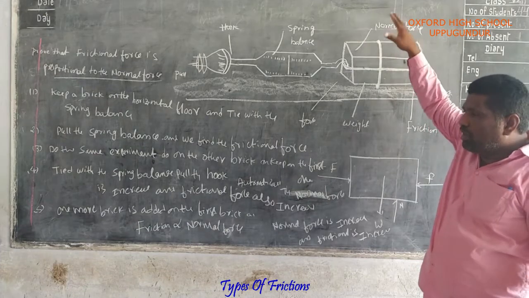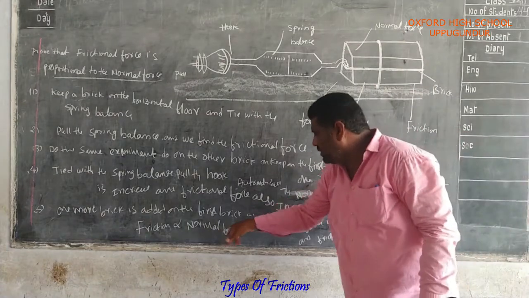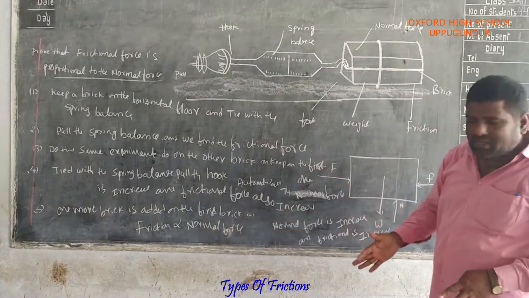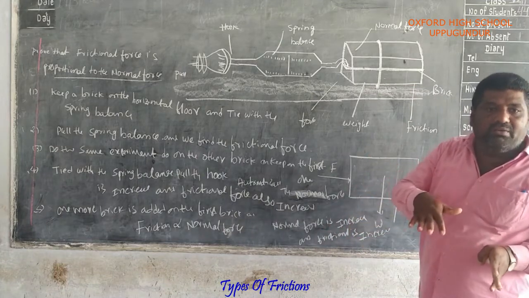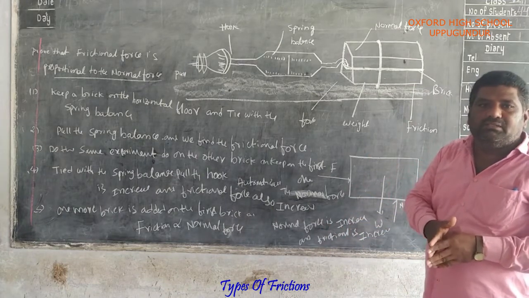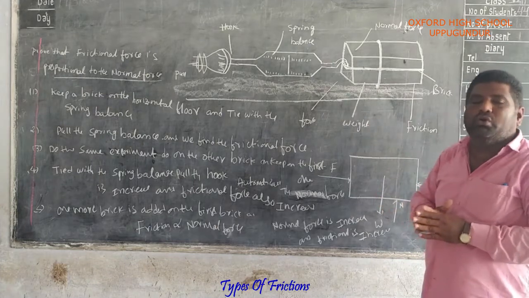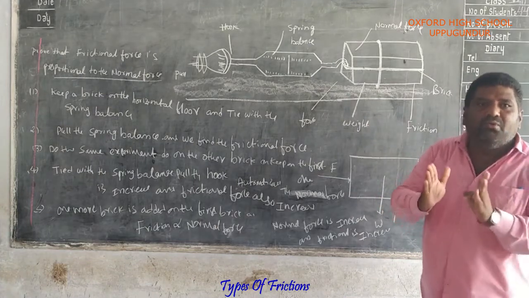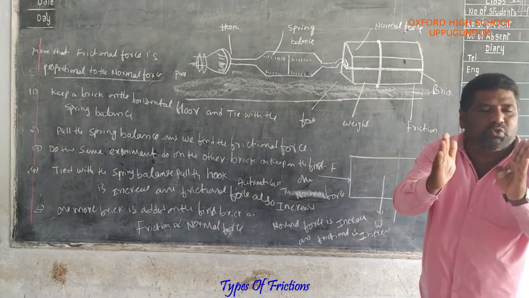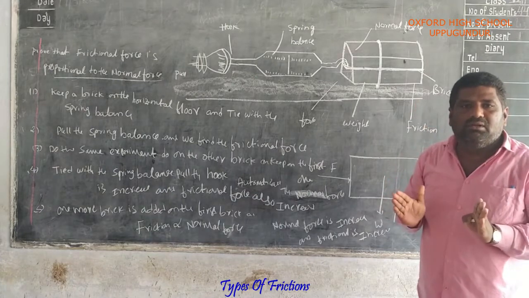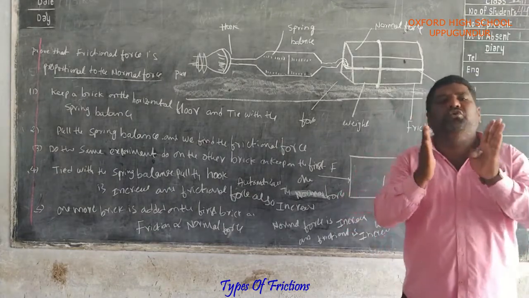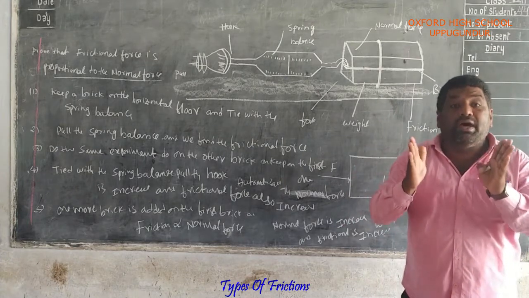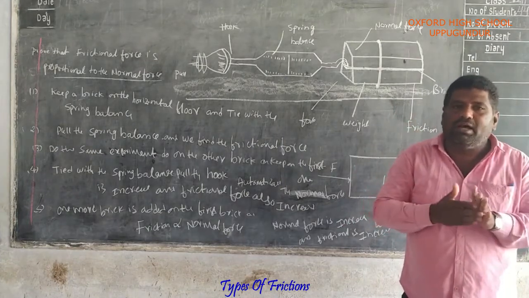One more brick is added, so the normal force doubles and the frictional force also increases. So in this experiment we conclude that frictional force is proportional to the normal force. This is the objective we learned in this activity.